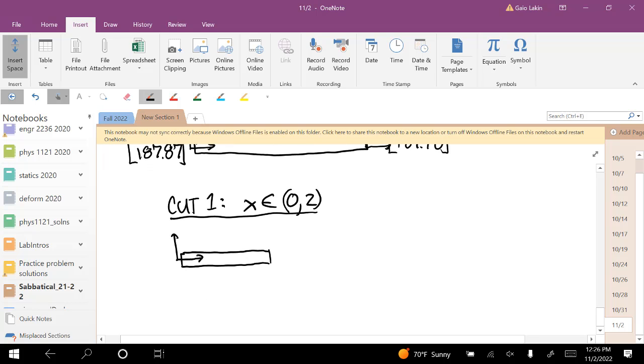So we have that force at the left end, 223.90, 187.87. And then at the right side, we have the internal loads.